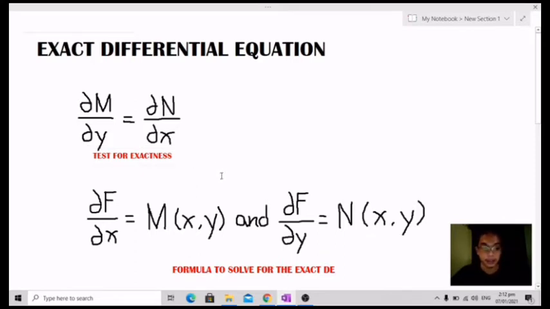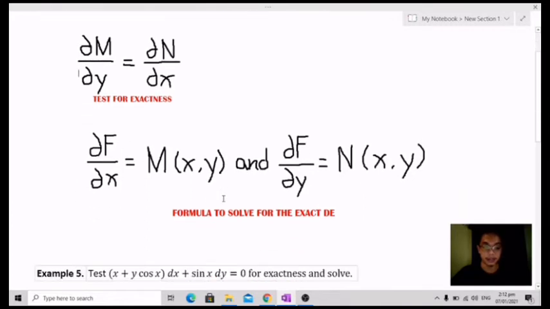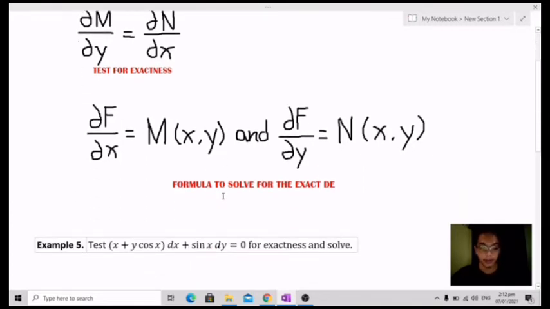So after we test the DE for its exactness, we're going to use this formula to solve for the exact DE, wherein the partial derivative of f with respect to x is equals to the function of m, x, and y, and the partial derivative of f with respect to y is equals to the function of n, x, and y. So this formula is for you to solve the exact DE, where f is the solution to an exact DE.